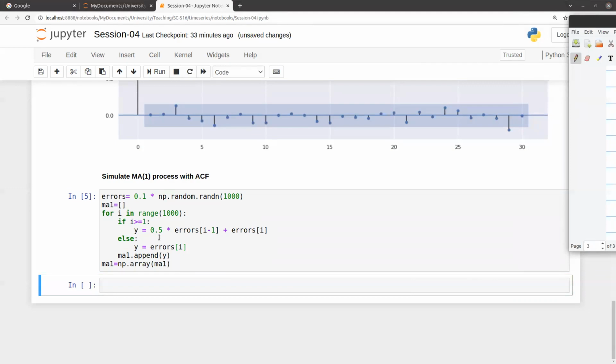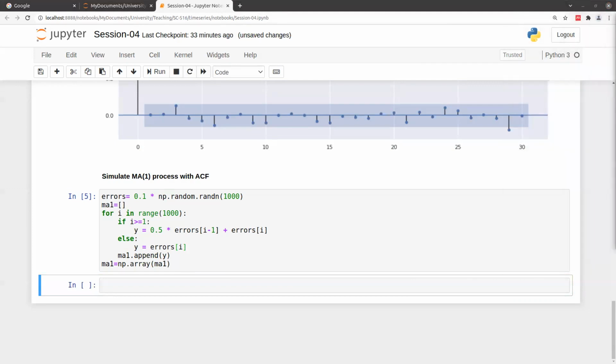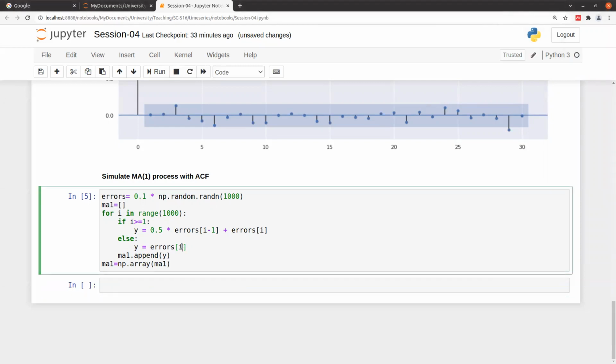We all know that at the zeroth index there is no previous error component. In that case, we just consider the current error component only. Other than that, if the ith value is greater than or equal to 1, we have to consider the theta value with the previous error component and we calculate it. We append it to that MA1 array and we convert it to the NumPy array. Very simple code.